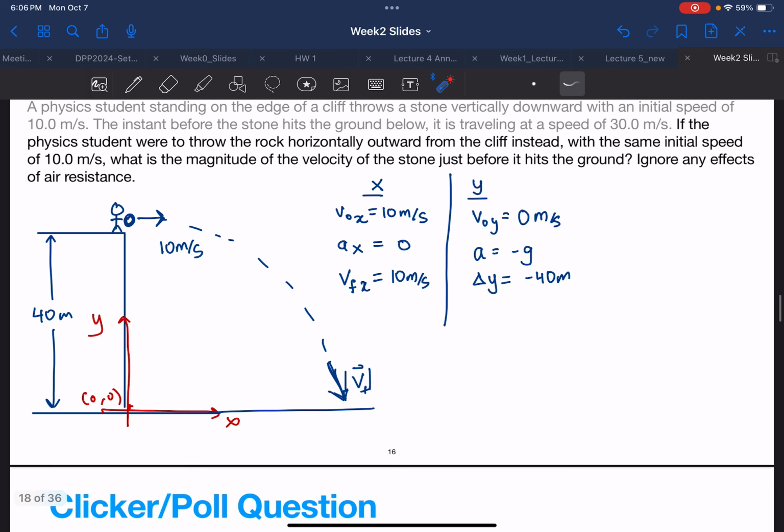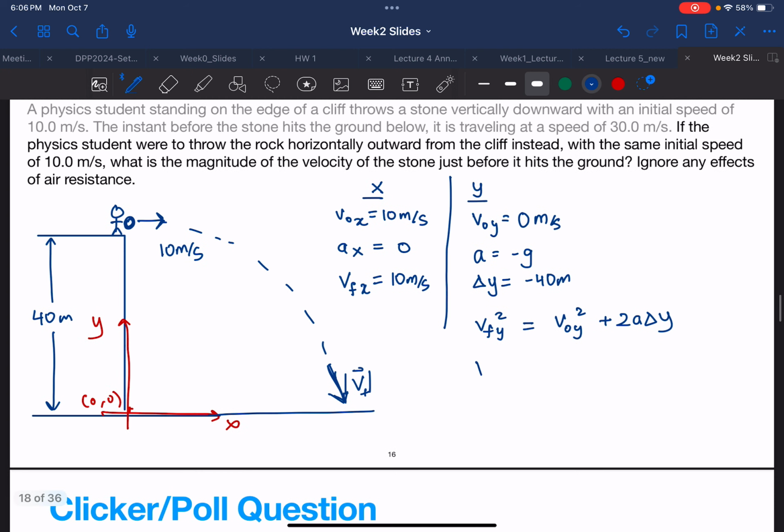So using that information, we can go ahead and solve for the v final y. So v final y squared equals v initial y squared plus 2a delta y. Same equation as before, but this time we're solving for v final y. V final y is equal to basically the square root of 2a delta y. All right, let's plug everything in.